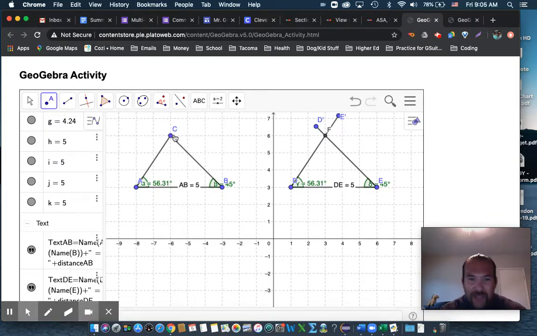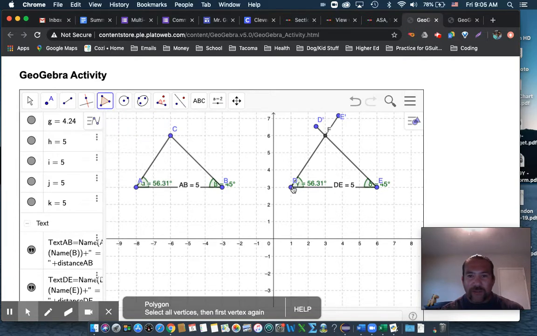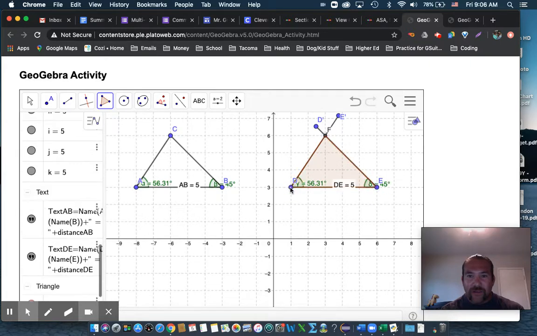So that means, guys, that this triangle ABC is congruent to triangle DEF via ASA. Now, the rest of the activity asks you to map this triangle onto this one. So what I'm going to do is create a polygon from this right here. Okay.